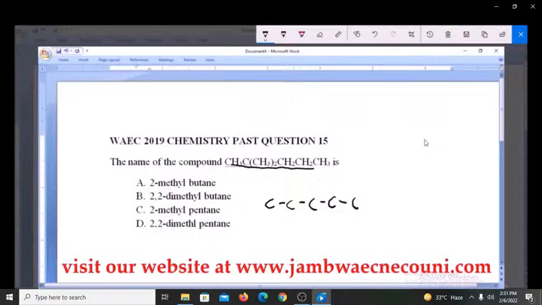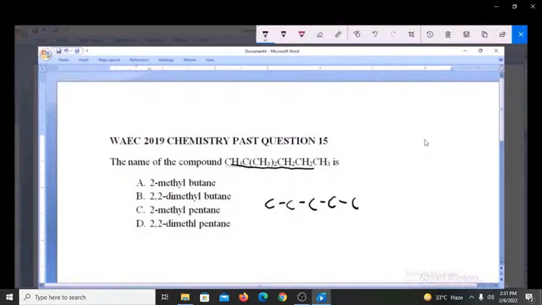Now, you begin then to add the hydrogen atoms and every other functional group that is present here. So to the first carbon, you have 3 hydrogen atoms. So this is the first, this is the second, and this is the third.